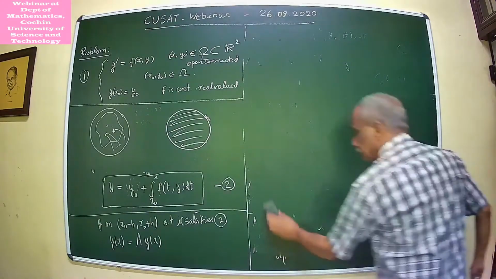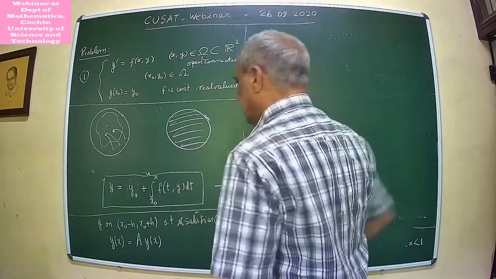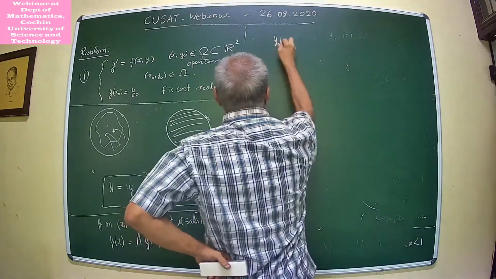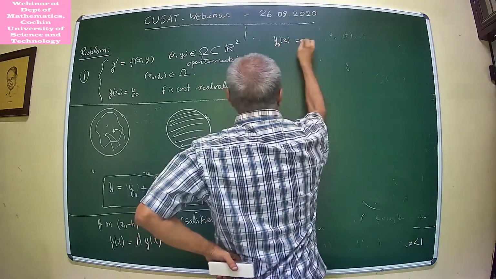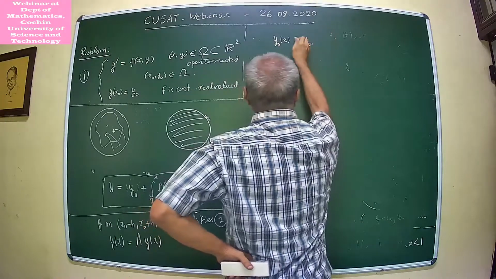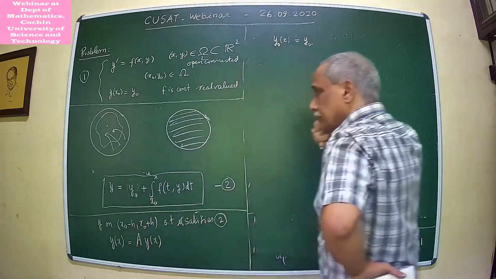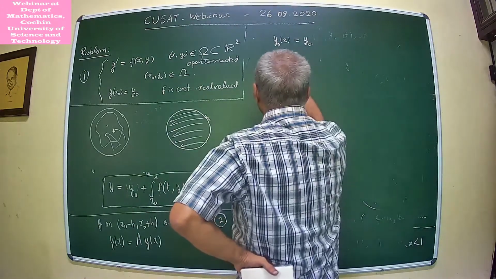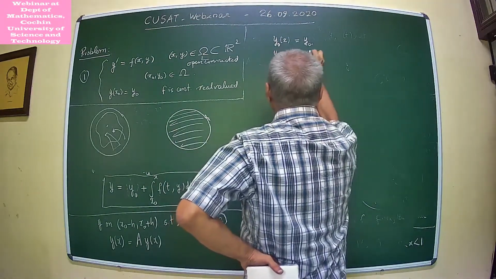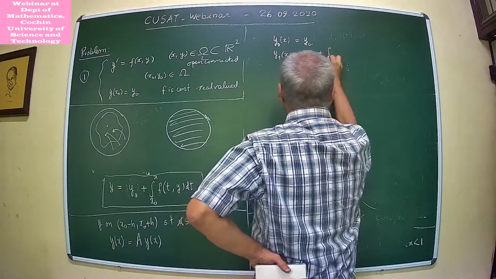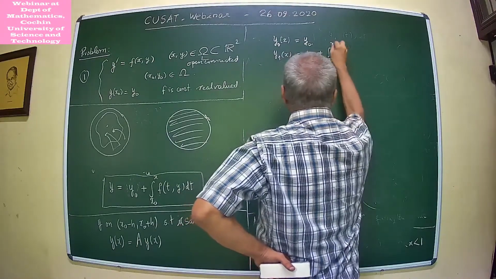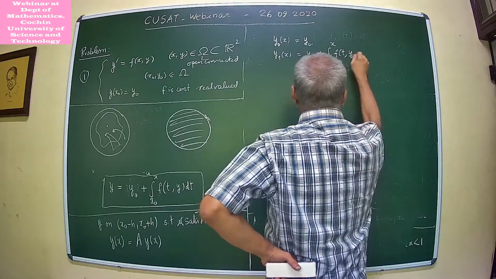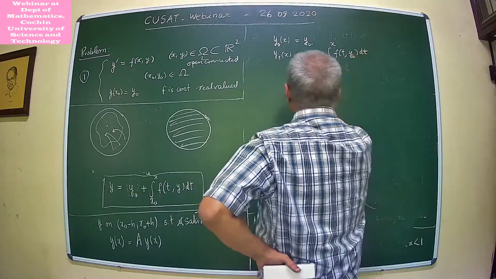Right. So you look at this integral equation. Now we define y0(x) to be y0, the constant function. And then y1(x) is written as y0 plus the integral from x0 to x of f(t, y0) dt, and so on.